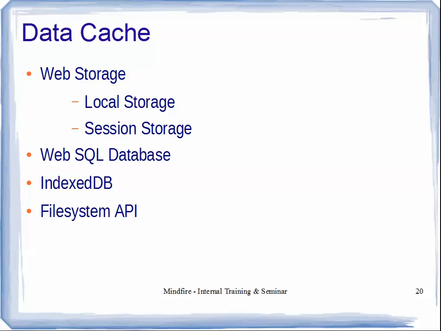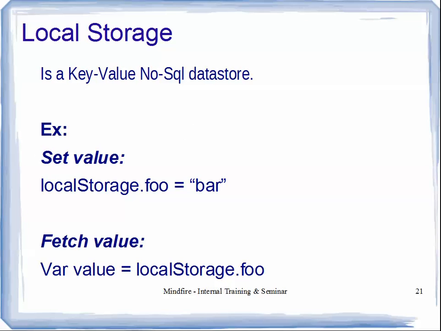Local storage can be stored as key-value pairs, just like an array. For example, localStorage.foo equal to bar. Then foo will be the key and bar will be the value, and you can fetch it with localStorage.foo. It will fetch whatever value is stored through the key foo.